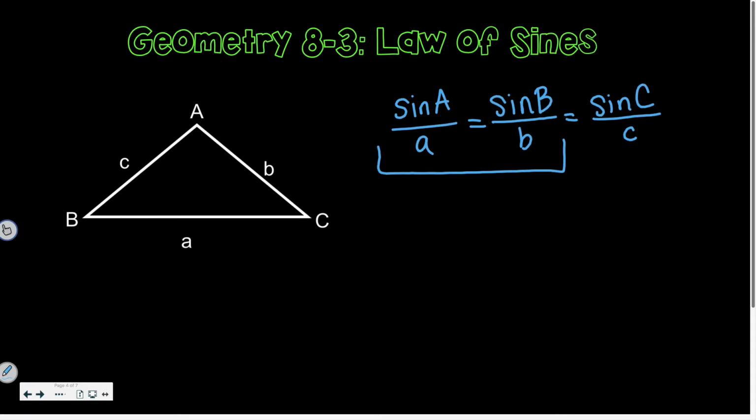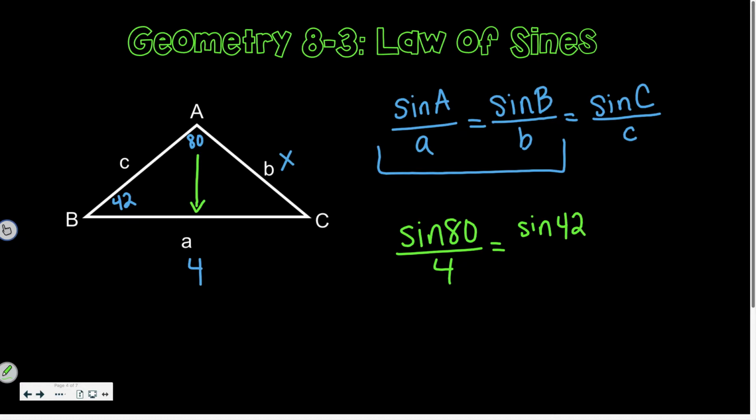If this was 80 and this was 4, and this is 42, and I wanted to know what this is, you would say sine of 80 over 4, because those two are opposite from each other, equals sine of 42 over x, and then you would solve for x.